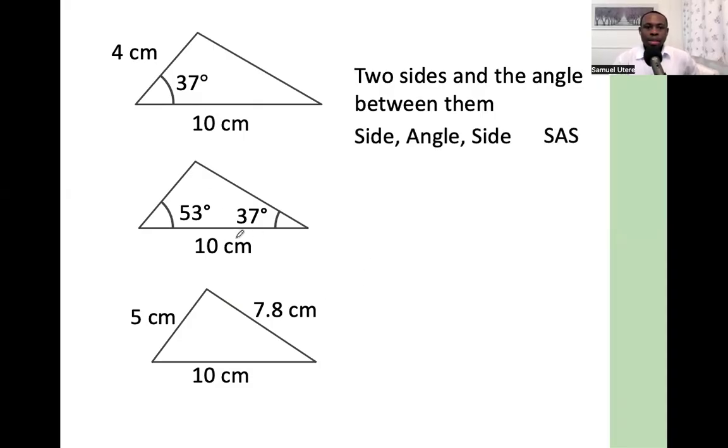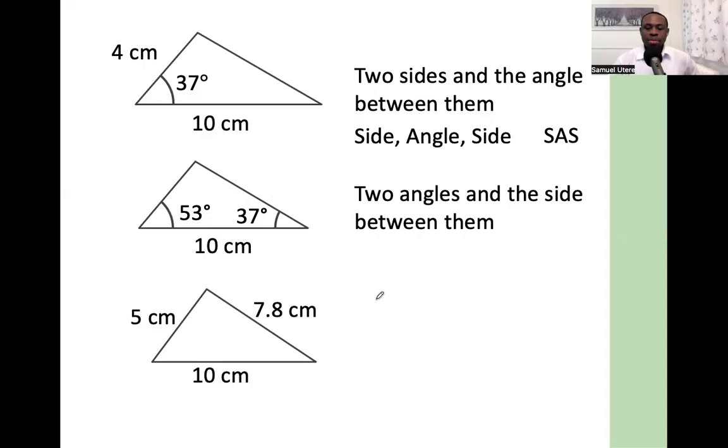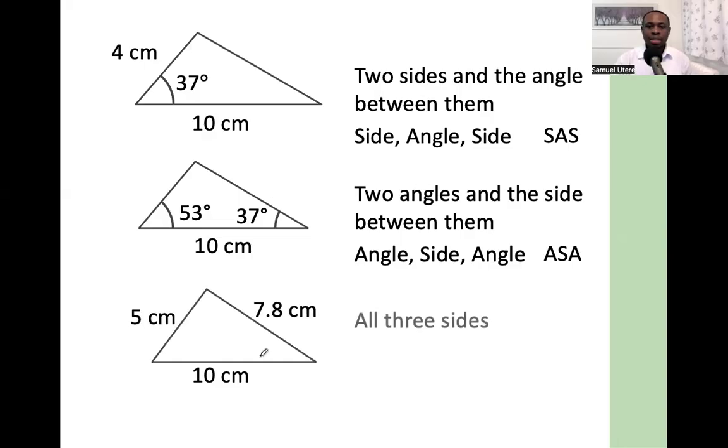Here you can see that this triangle has an angle, a side, and an angle, so it has a side between two angles. We call this angle, side, angle, ASA. Then we have this, which you learnt about in our previous lesson: side, side, side, all three sides.